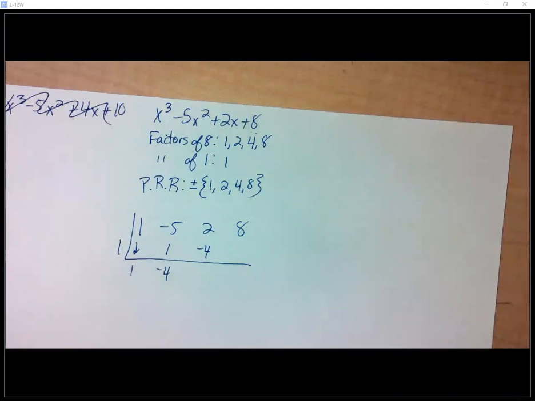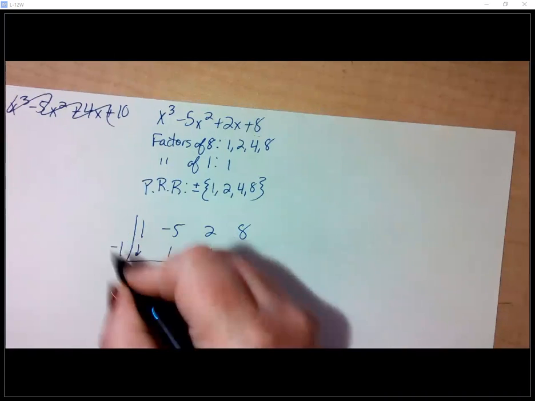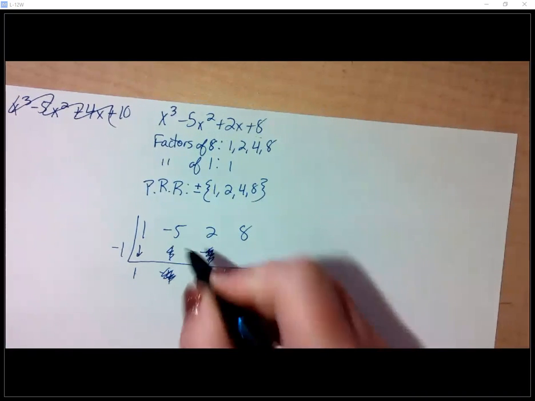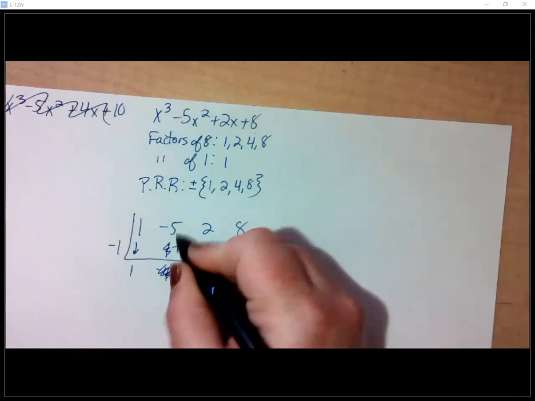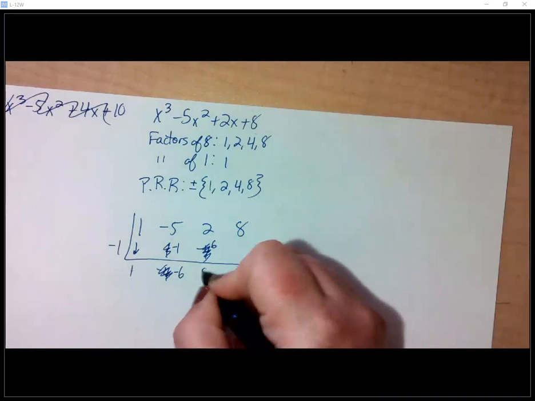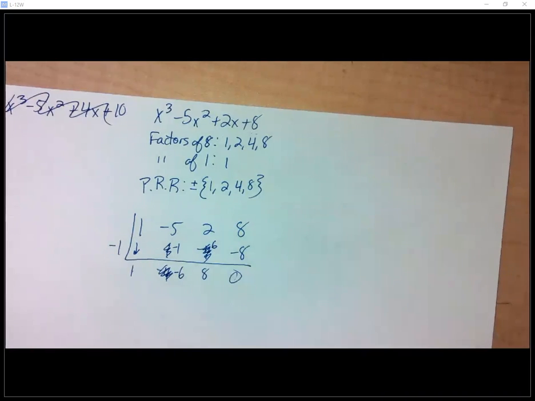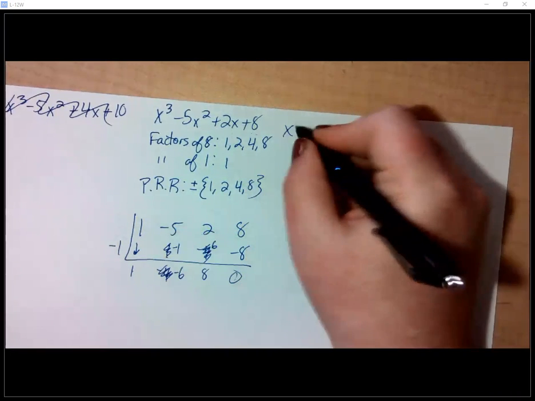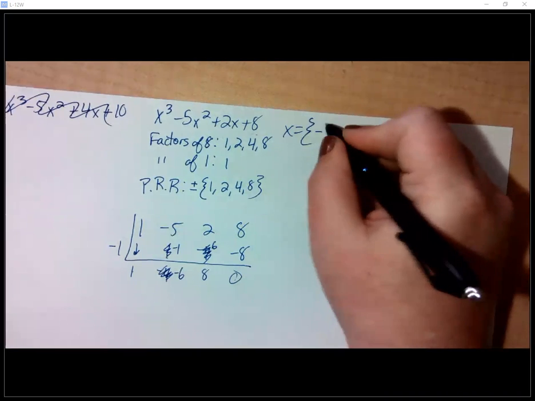I'm going to try -1. Of course, I'm not even using a pencil, so this is going to get messy. That'd be -1, -6, 6, 8, -8. Yay! So now I know that -1 is one of my answers.